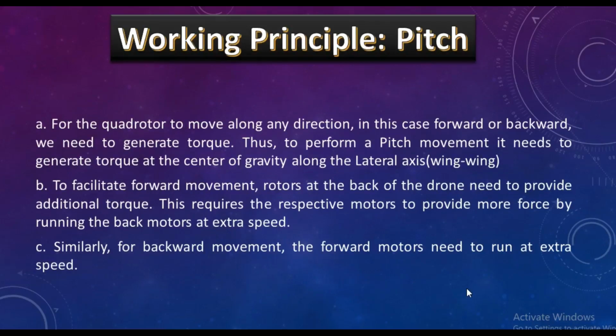To facilitate forward movement, rotors at the back of the drone need to provide additional thrust. This requires the respective motors to provide more force by running the back motors at extra speed. Similarly, for backward movement, the front motors need to run at extra speed.